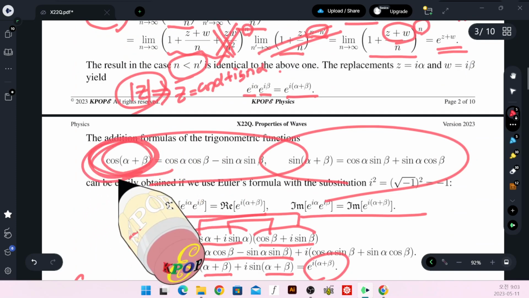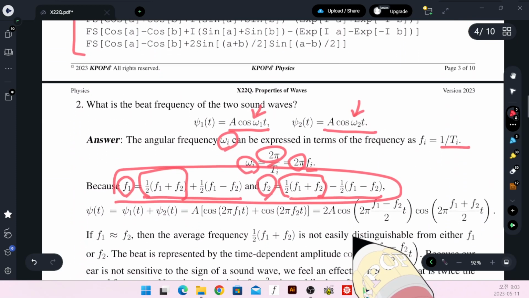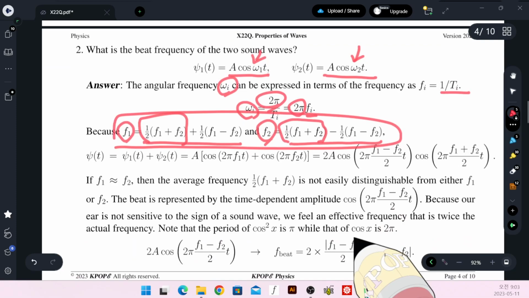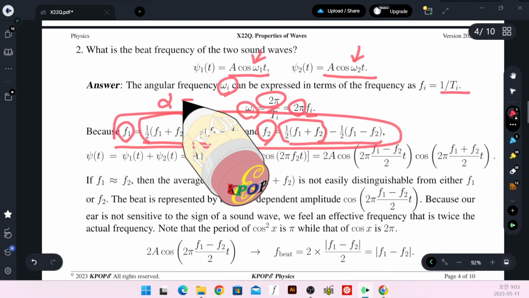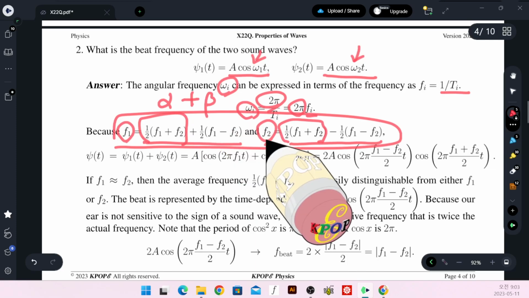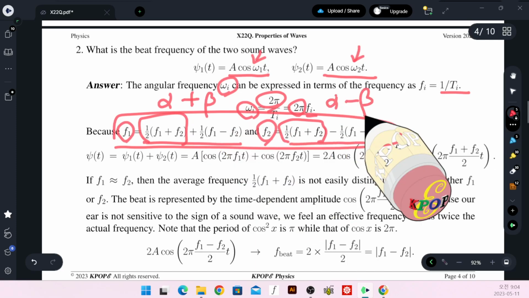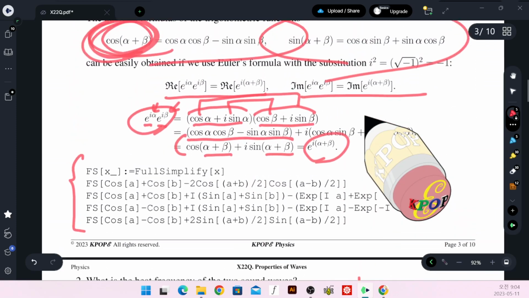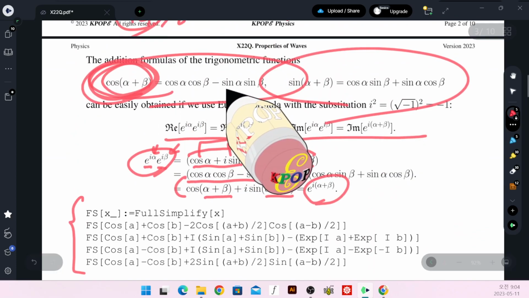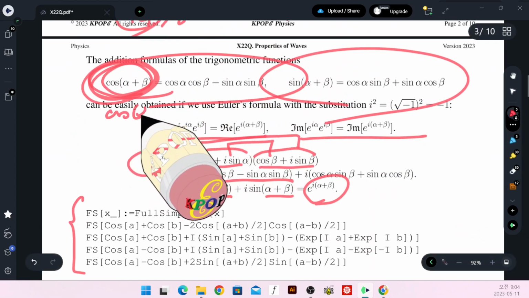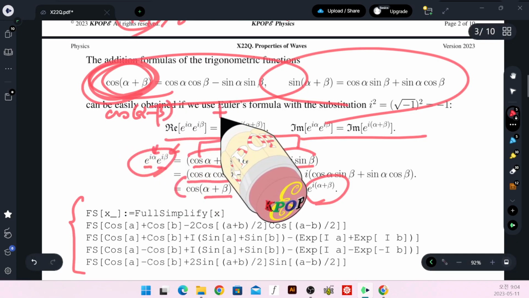We know this by substituting this one to be alpha plus beta and this one to be alpha minus beta. If you have cosine of alpha plus beta, you have this. If you have cosine of alpha minus beta, you have plus.